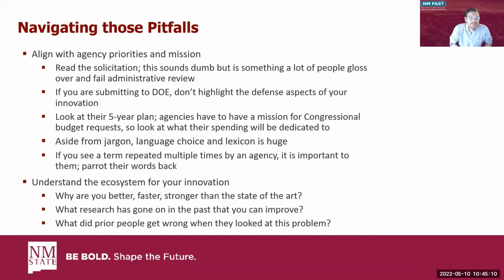Really quick side note, if you are going to talk about how other past researchers got something wrong, at least give an idea about what they did right in there. Say, this was really great, it had a strong foundation, but I think I can get a little bit better results by this. You never know who's going to be reviewing these.